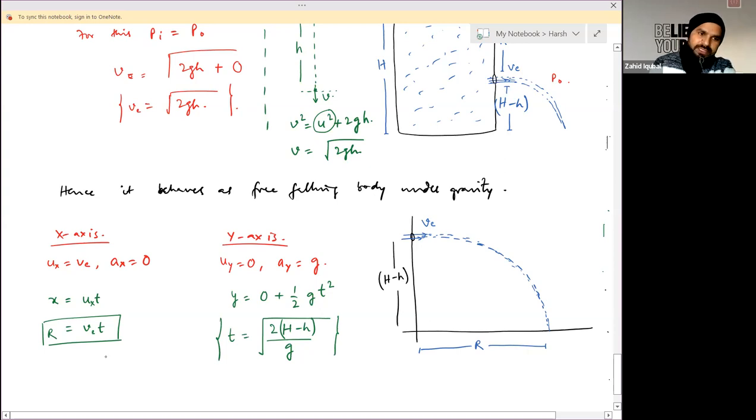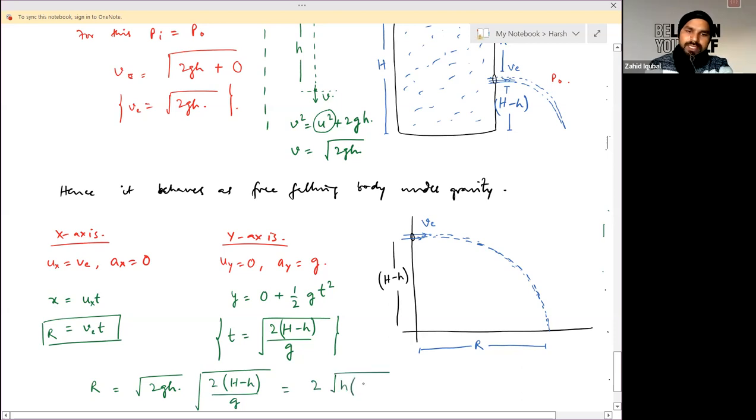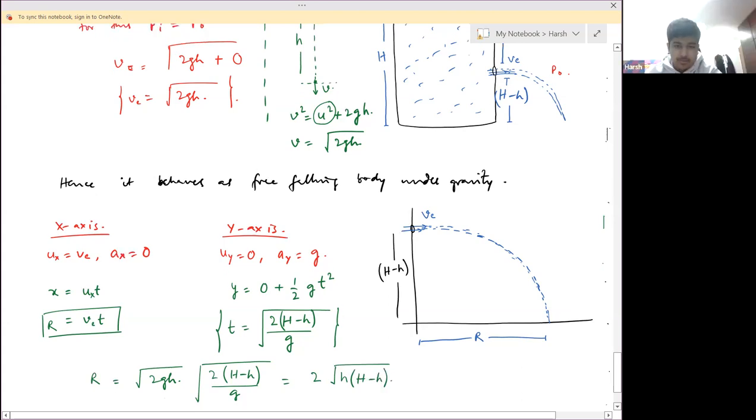If you put this in the expression, range will be equal to velocity of efflux, that is root 2gh, times time of flight, root under 2(H minus h) divided by g. Gravity cancels out, 2 and 2 taken outside as square root. So you're left with h multiplied by (H minus h). Is it clear? Yes, sir.